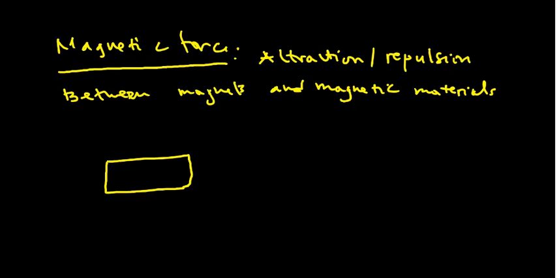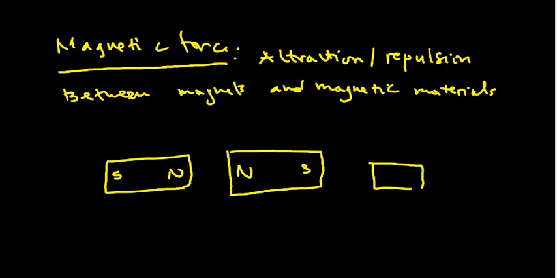Let's take an example. When we have two magnets, I have to mention that magnets are made of a north pole and a south pole. Here you can draw another one, let's make it small for the sake of space, where here you have north and here you have south. Here also you have south and here you have north.